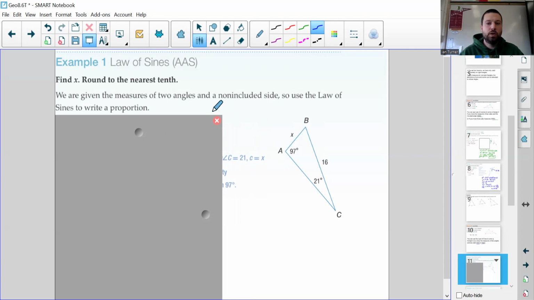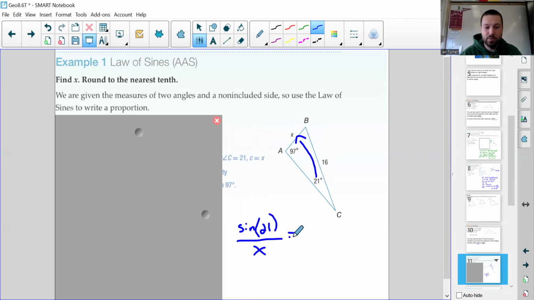Okay, so you're going to do the sine of the angle, right? So we're going to do sine of 21. These ones are so much easier. Sine of 21 over the opposite side. Opposite of sine is x.